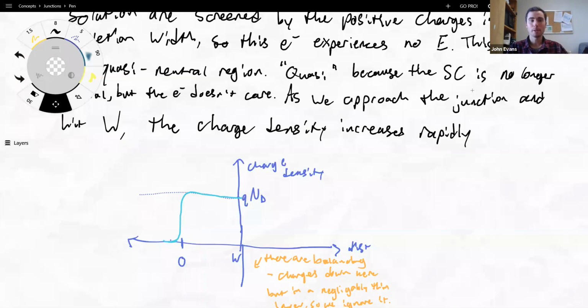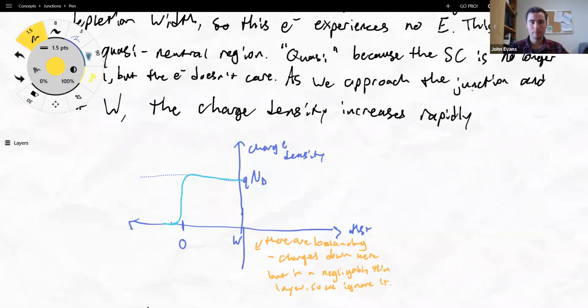Now, of course, we're working with real systems, so it's not perfect. There's this little bit of tailing right here. But if you can approximate this as a step function, that there's nothing, and then there's just charges in here. So all of a sudden, our test charge is going to feel the effects of having a whole bunch of other charges around it very, very quickly.